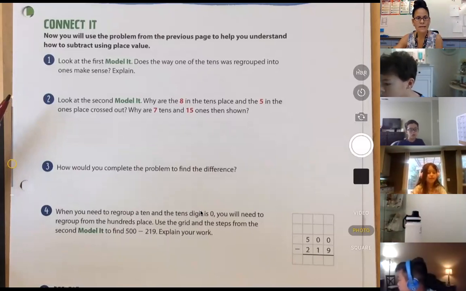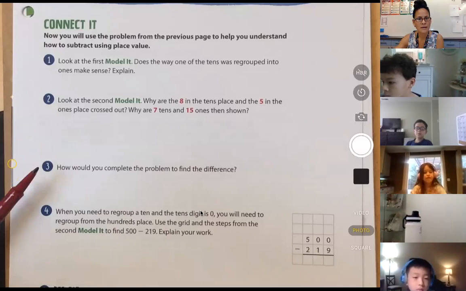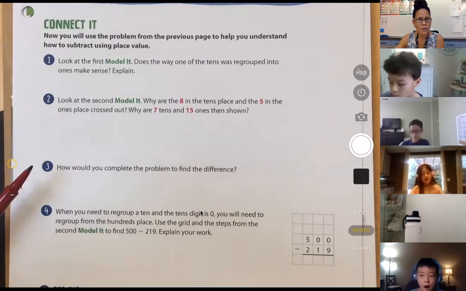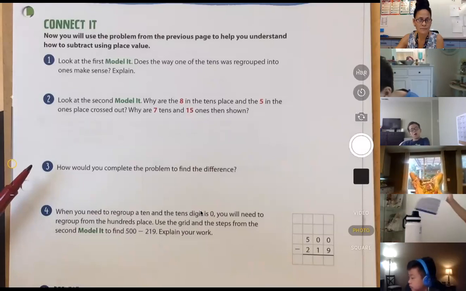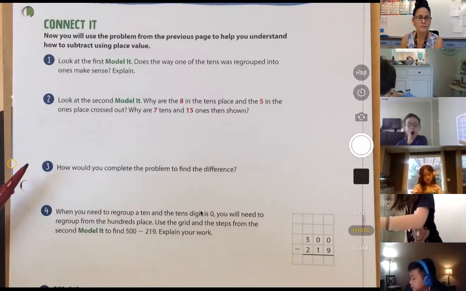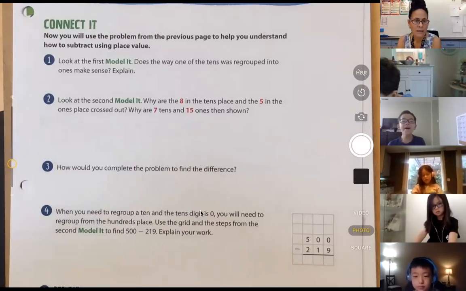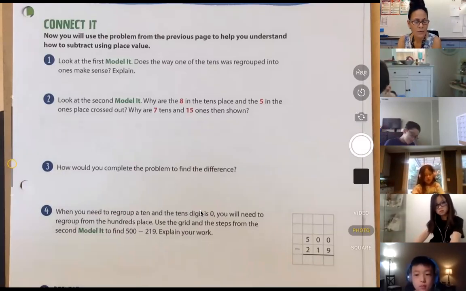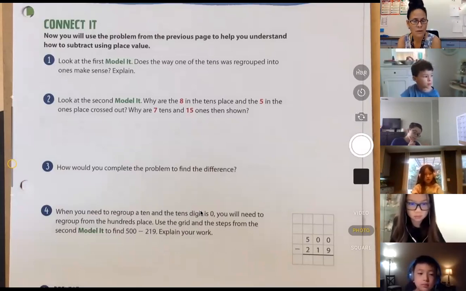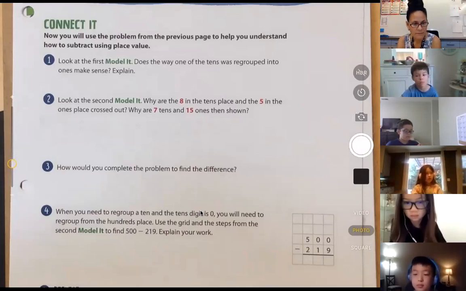I want you to take a close look at question number 3 on the connected piece. Specifically, it is asking you, how would you complete the problem to find the difference? And this is when we are talking about putting the expression or the equation into a vertical form so that you can more clearly see the places and the place values.